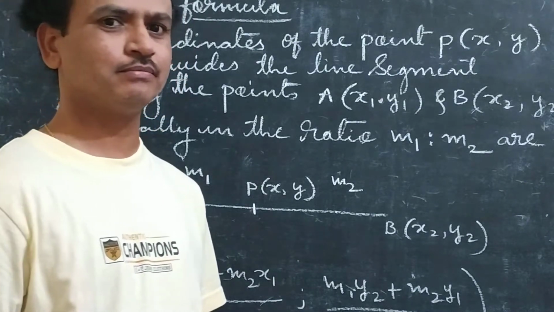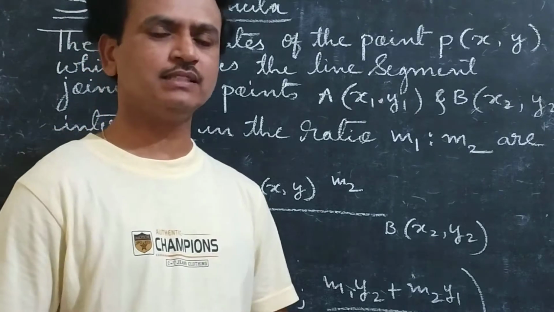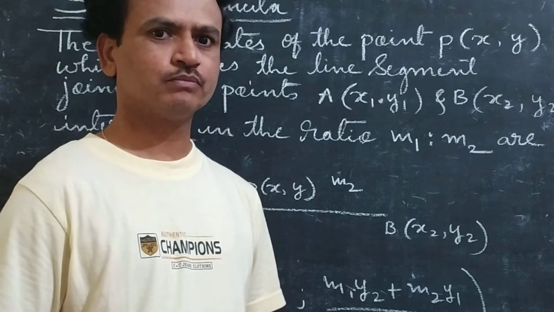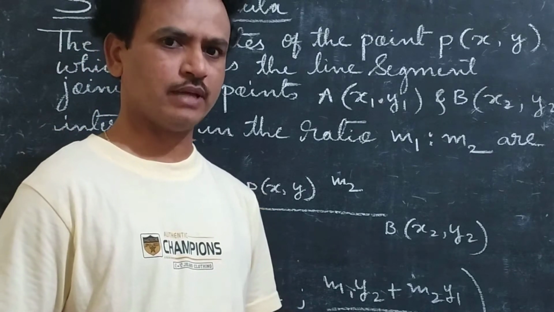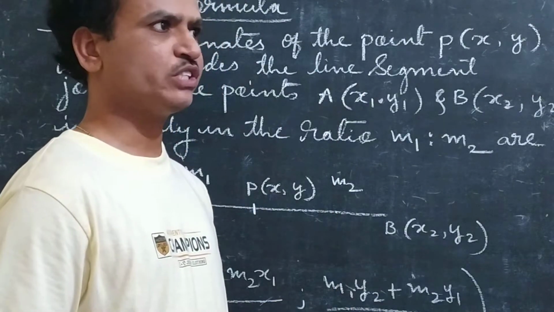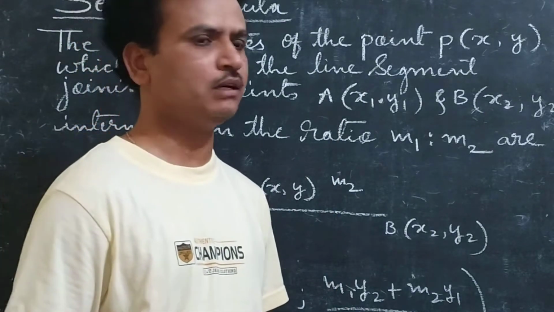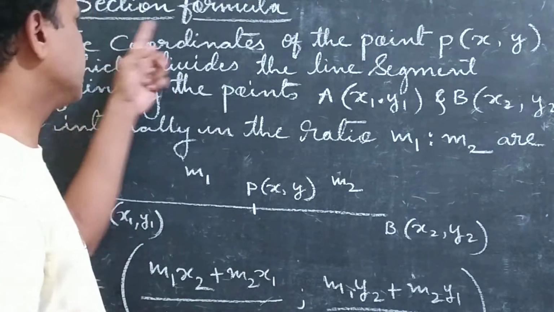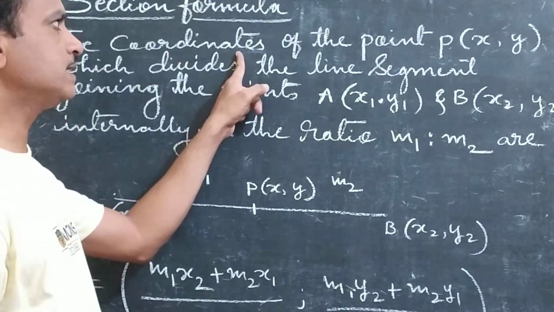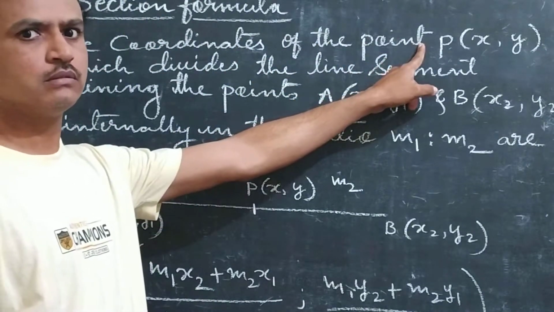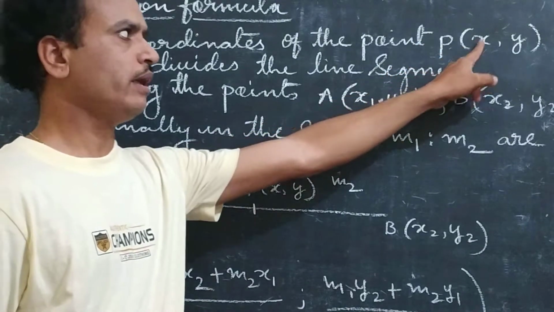Coordinate geometry. Now next, exercise 7.2. Before going to that exercise, we have to see the section formula here. Section formula: the coordinates of the point P (x, y).